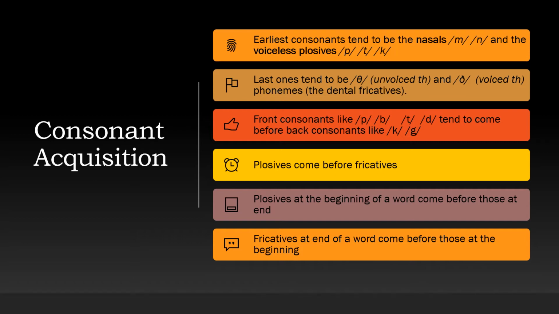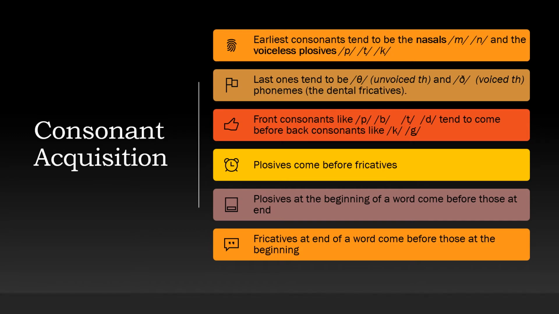Next is that plosives come before fricatives generally, and that's not to say that all plosives come before any fricatives, but plosives do tend to be that little bit easier. That's because a child has to be able to close the articulators and then open them again, let the air build up and then open those articulators again to let that sound explode out, and that tends to be easier than actually allowing air to come out at a particular rate, and to do it slowly and create that friction.